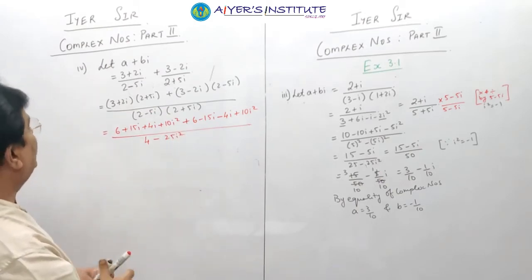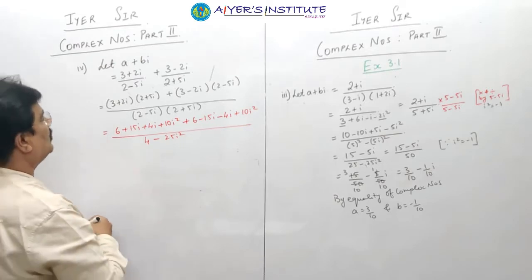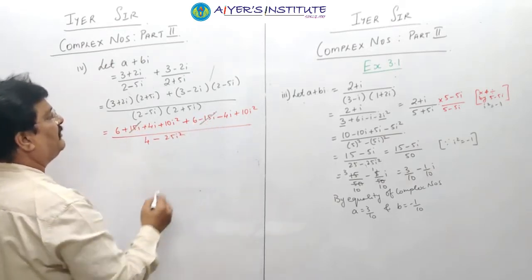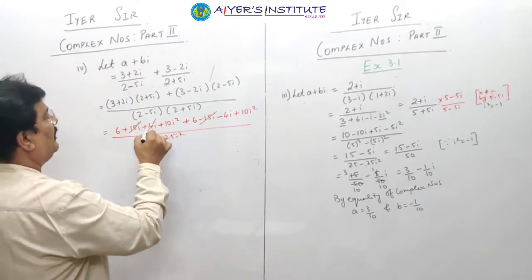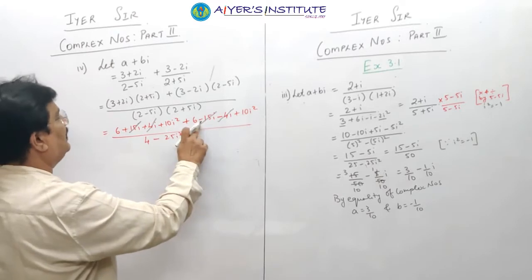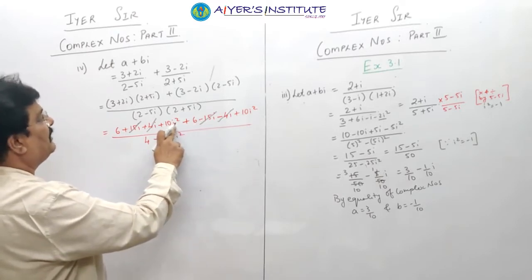Now here itself we can check out if anything is cutting. हम लोग उसको काट देते हैं. जैसा देखो, plus 15 minus 15, plus 4i minus 4i. So 6 and 6 will be 12. This will be minus 1.